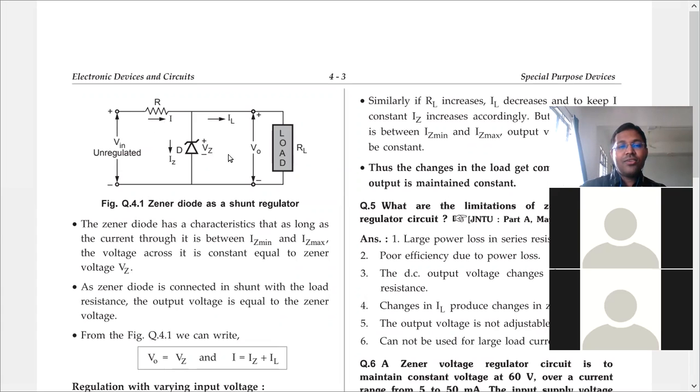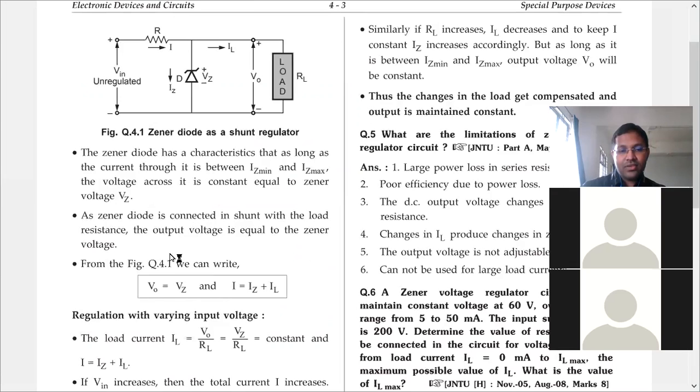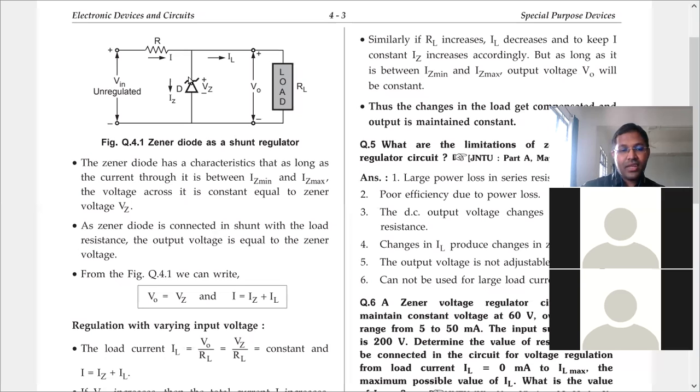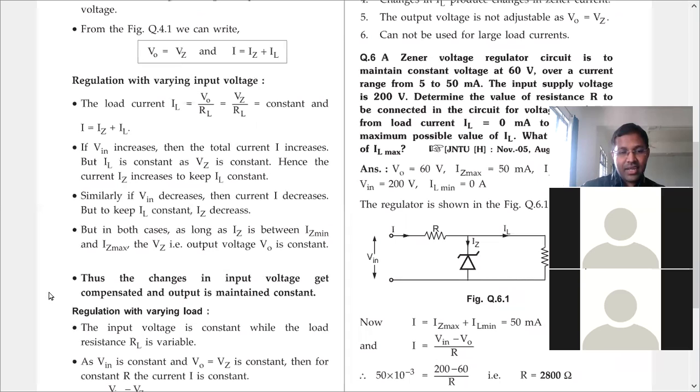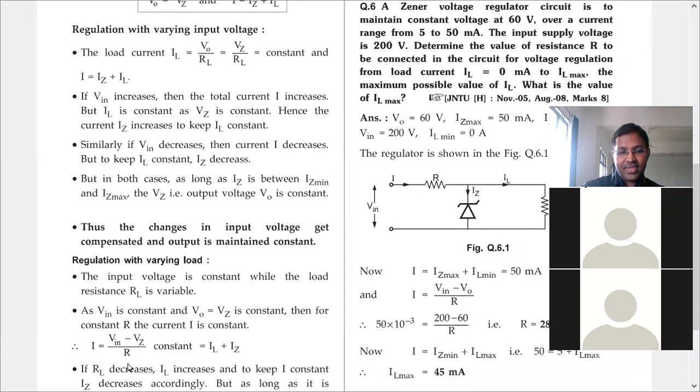You know V0 is equal to Vz. So V0 is equal to Vz and I is Vn minus Vz by R. That equation is given here. And what is happening here? When Vn increases, I increases. Just see this.